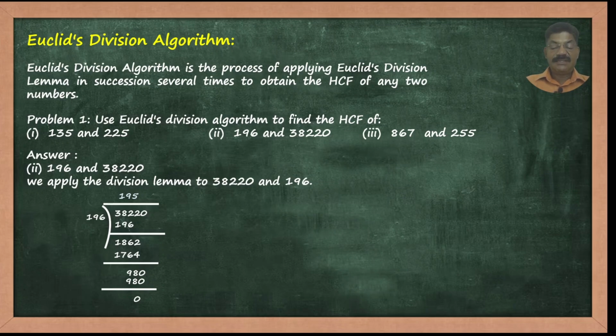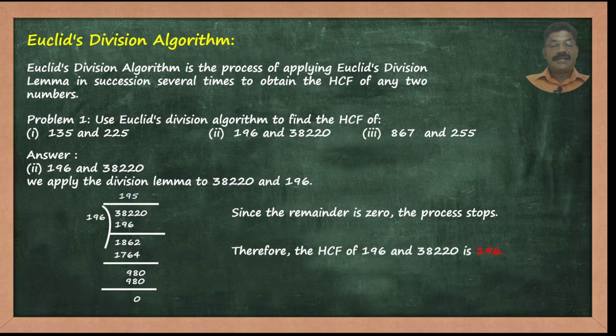Therefore, immediately the process stops and the divisor at this juncture is 196. Therefore, the highest common factor of 196 and 38,220 is 196. So this is the benefit of Euclid's division algorithm. If you do prime factorization, it will be comparatively difficult. But this is a simple way.